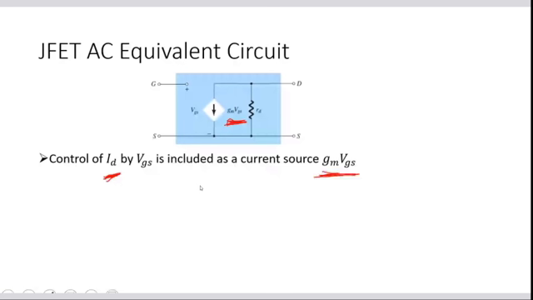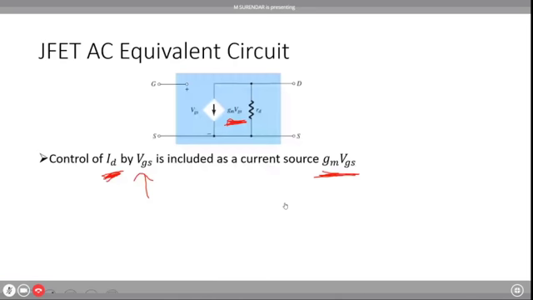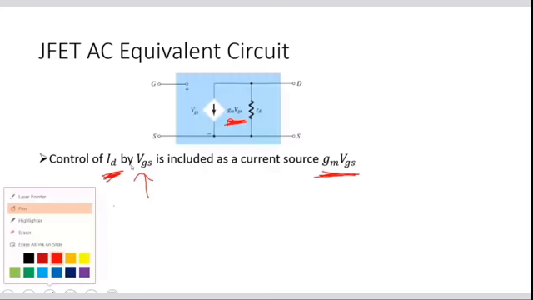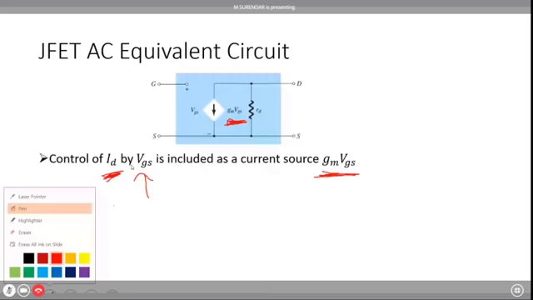Here you should see that the representation is small d and small gs, because we are going into the AC equivalent circuit. We have to be careful with that. The representations are very important. Once we enter the AC analysis, you should use the small letters only.